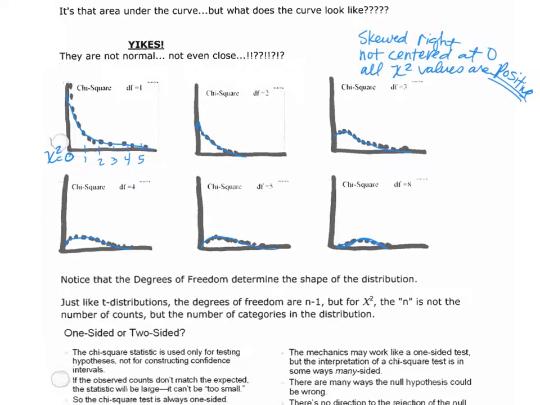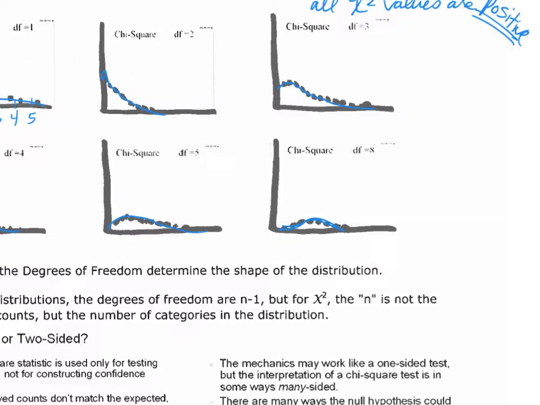So what happens is, as the degrees of freedom increases and goes to infinity, the chi-squared curve becomes, I kind of hate to say more normal because it's still not going to be centered at 0, but I have seen AP multiple choice questions that did refer to it as more normal.